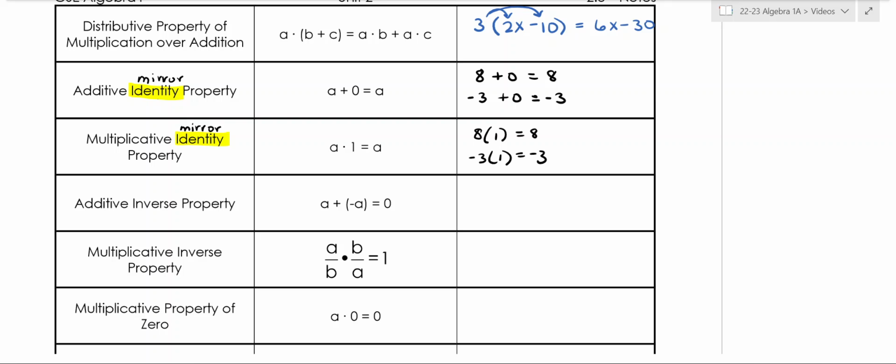The next properties are inverses. One is of addition and the other one is of multiplication, and for this one, you have to think opposite. Opposite of addition, opposite of multiplication. If you have the number 8, the additive inverse is negative 8, because that is the only number that when you add them, you get 0.